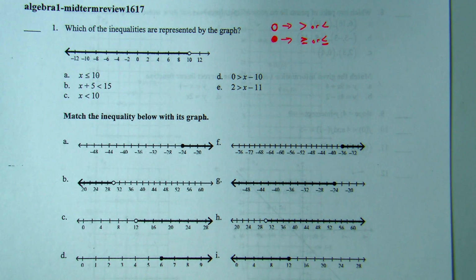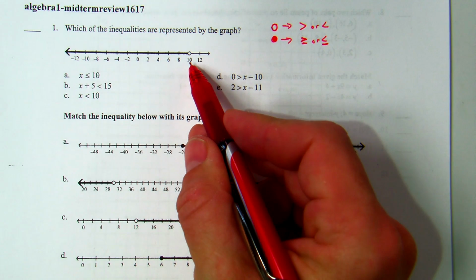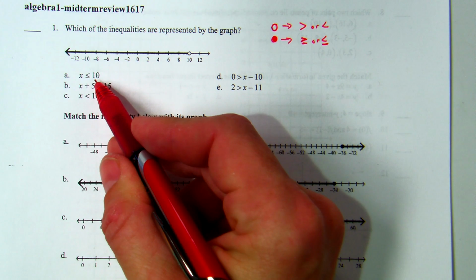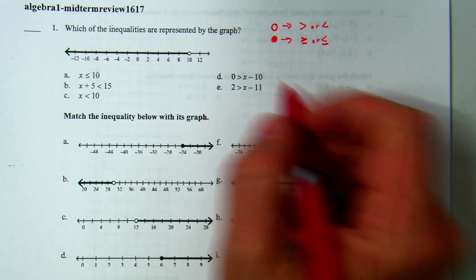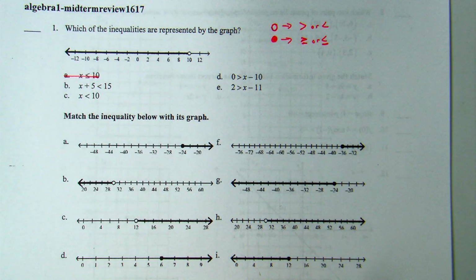Okay, so knowing that, we can eliminate maybe some of our answers already. Can this be equal to 10 on A? No, it can't be because that's an open dot. So A is already not going to work for us on this one.